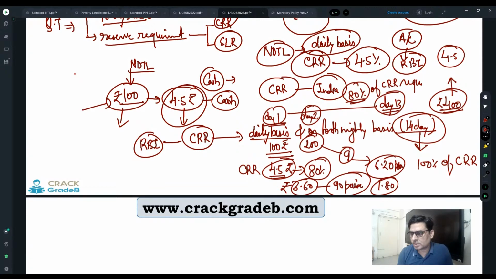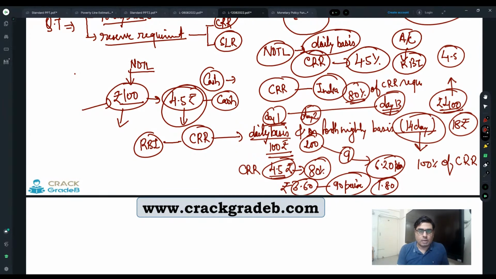The complete amount will be 18 rupees. So the full 18 rupees you have to maintain on that day. From the first day 80% of CRR, second day 80% of CRR, third day 80% of CRR, but on the 14th day you have to maintain the complete amount of CRR according to your NDTL.